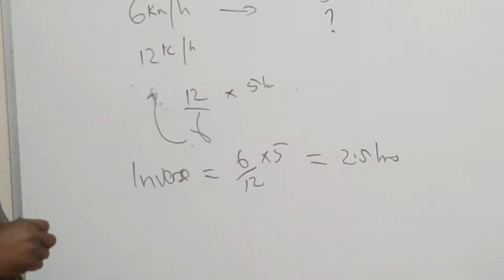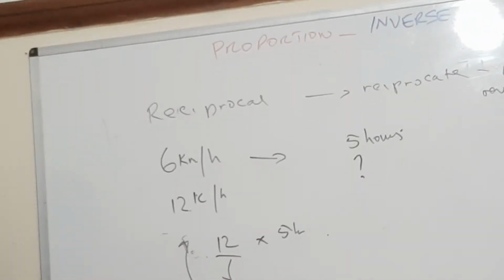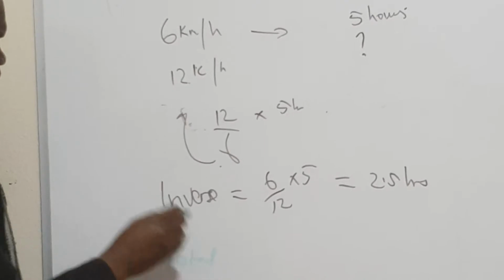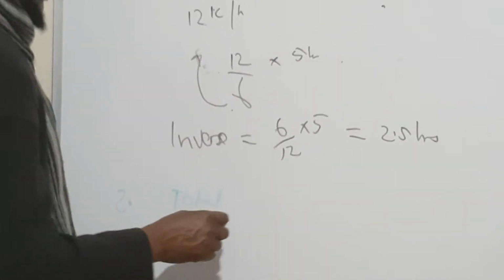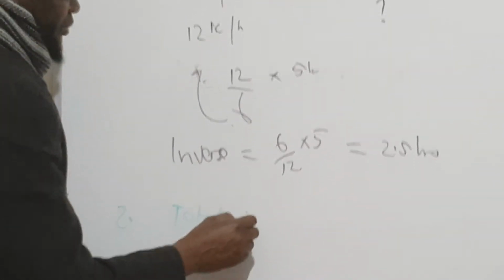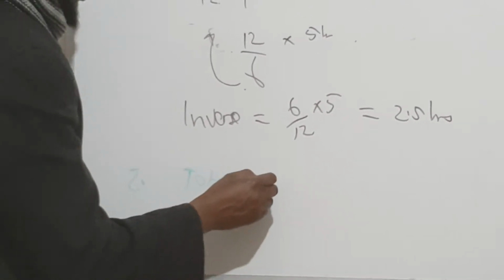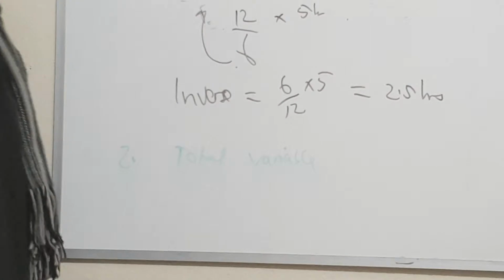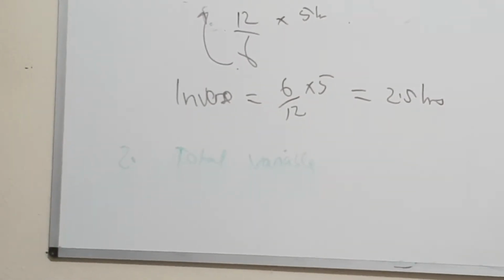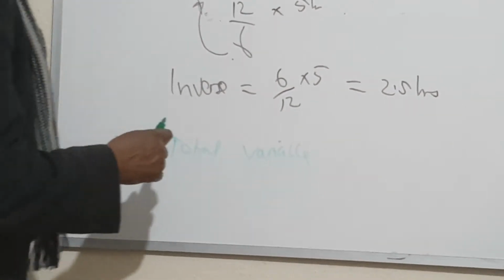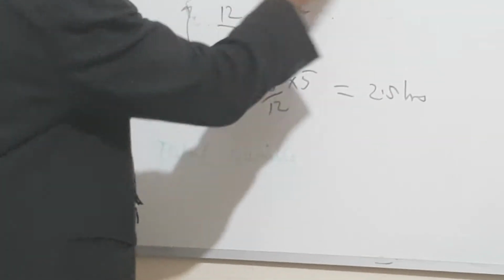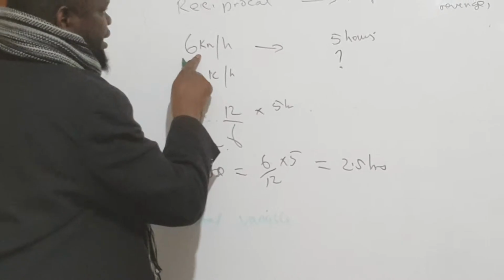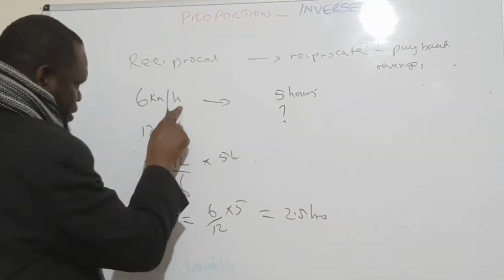Method 2 is called finding the total variable. What you are looking for is the variable. Here, the total journey he made, because it's 6 kilometers per hour.